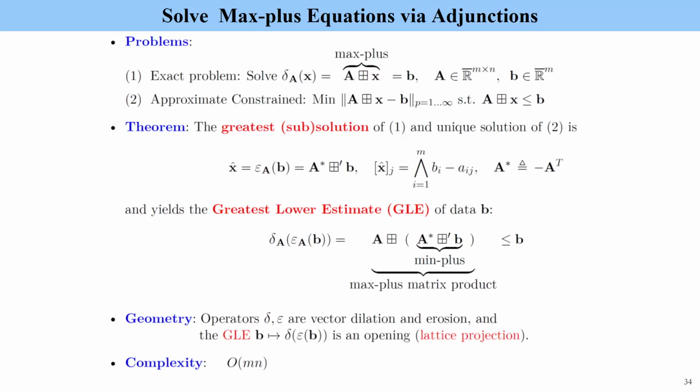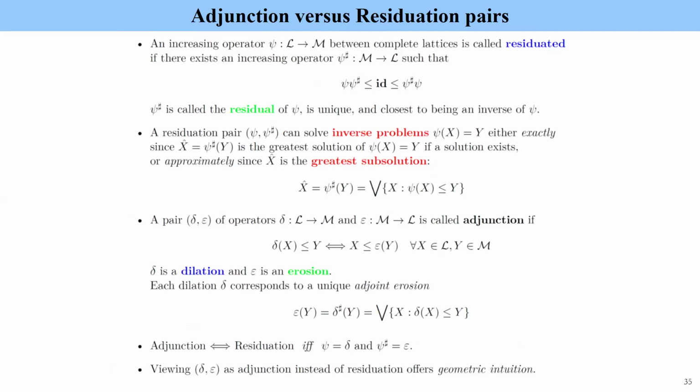So from this point of view, dilation and erosion, these adjunction pairs, give us a geometric intuition behind solving these problems. And in applied mathematics, the same idea exists in residuation theory, where we want to solve a problem psi of x equals y, but there's no inverse to the psi operator. But if psi is an increasing operator, we can come up with a so-called residual operator, psi sharp.